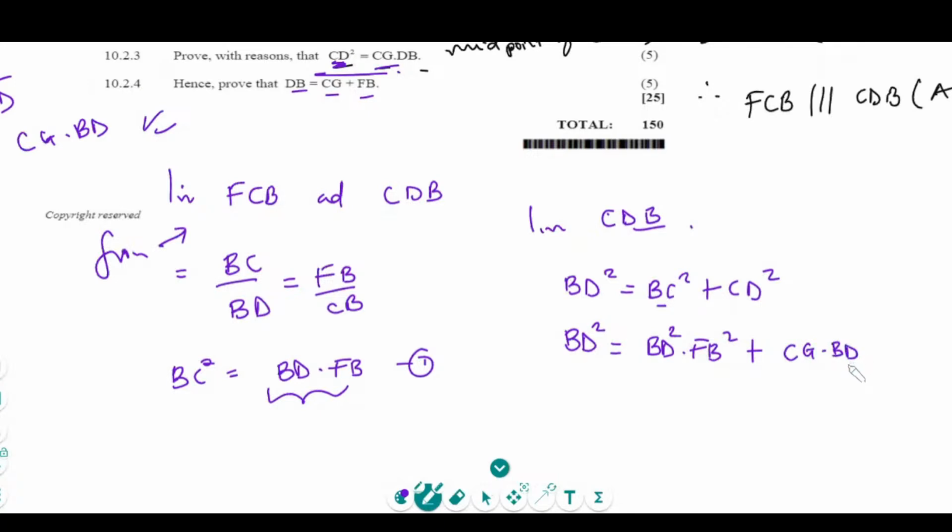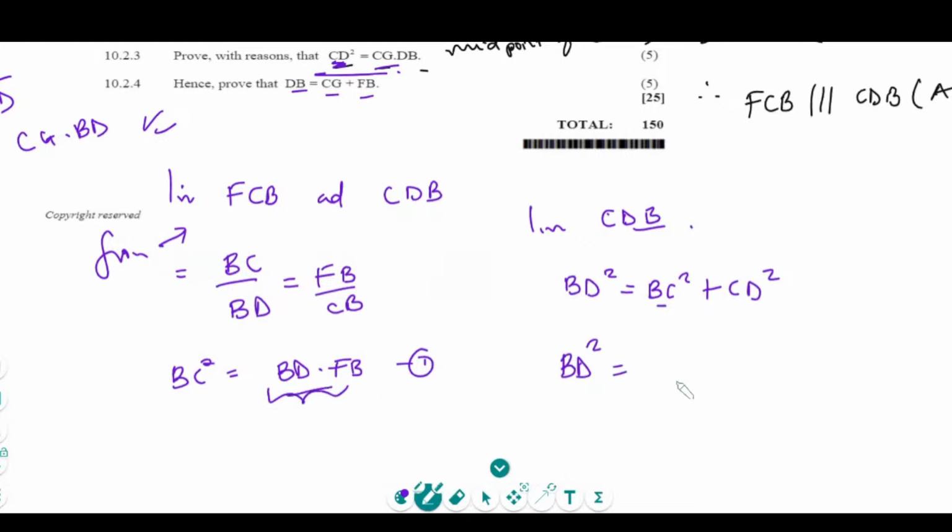Okay, then is that all? Something is not adding up. I'll just take this back. So we're saying BD squared is equal to our CB squared.